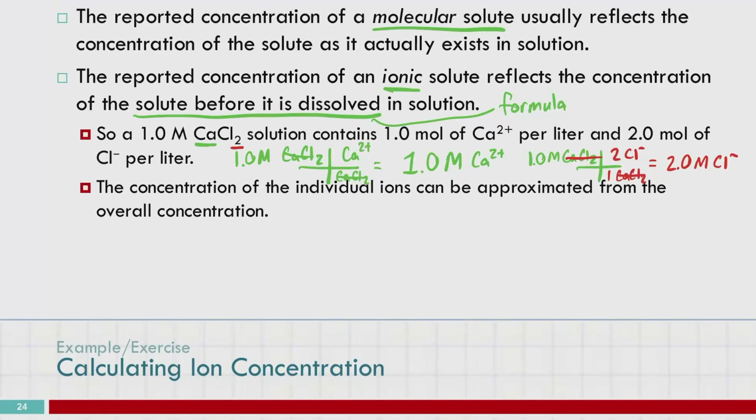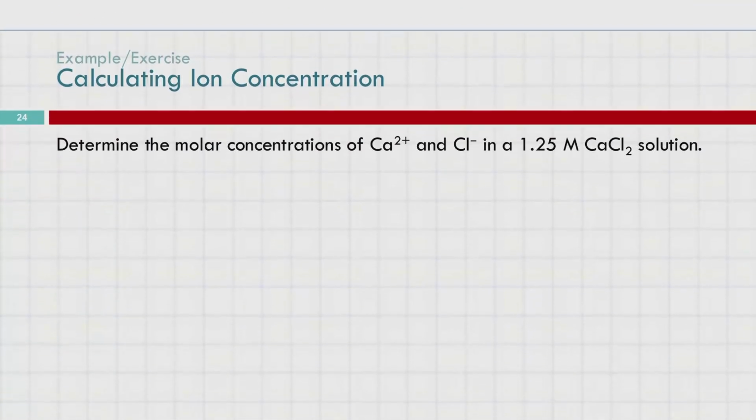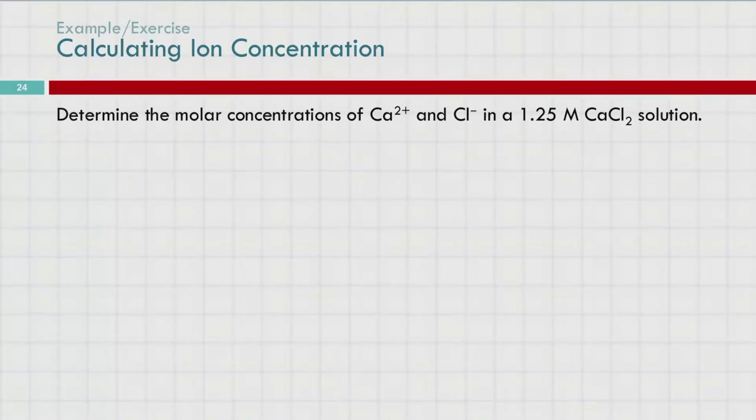The concentration of individual ions can be approximated from the overall concentration. So again, for calcium and chloride, we'll do it with something that's not 1 molar. We have a 1.25 molar calcium chloride solution. We want to determine the molar concentrations of calcium 2 plus and Cl minus. So we're going to do a little bit of stoichiometry.